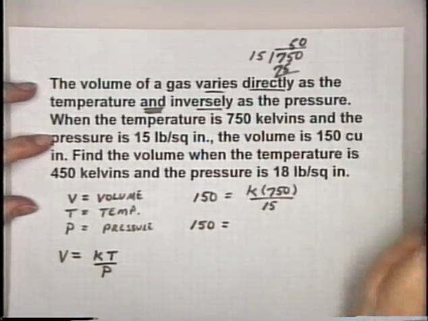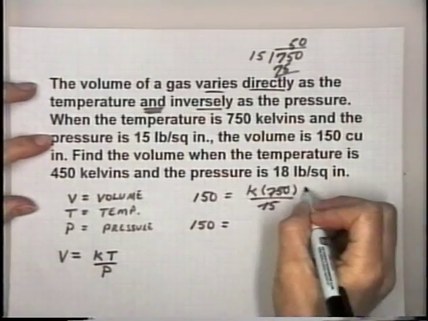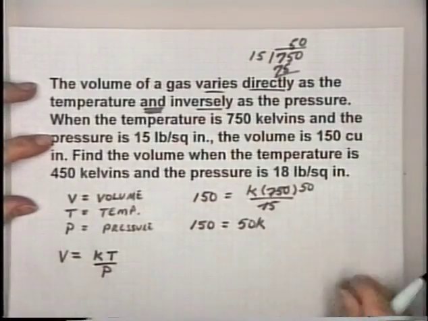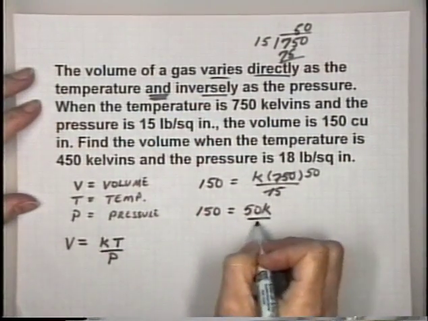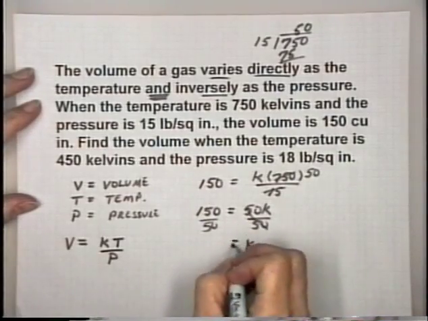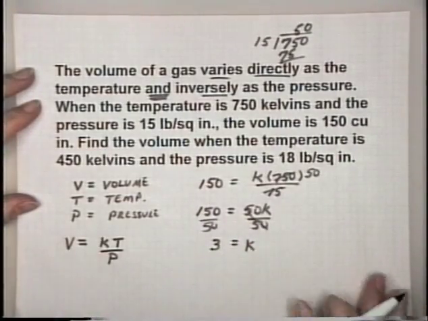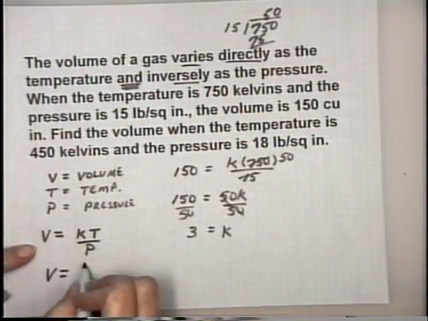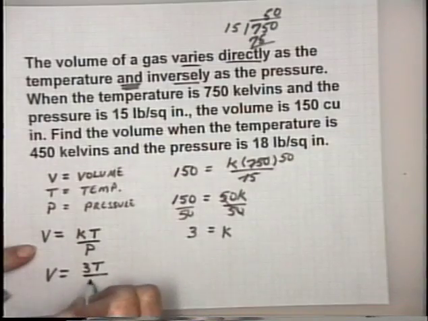And so then I have that 0. So 15 will cancel into 750 and leave a 50. So I have 50 times K. Now, dividing both sides here by 50, K is going to equal what? 3. So now I can write my equation as V equals 3T over P.